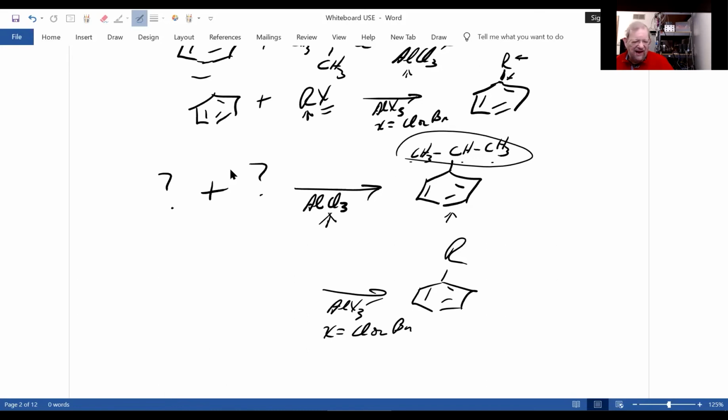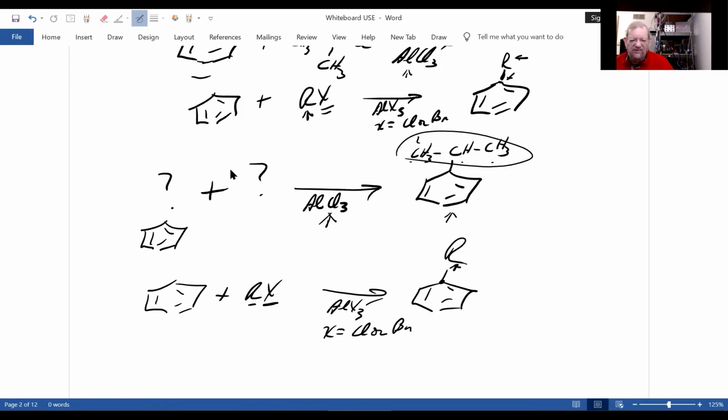Well, what do I react? A benzene ring plus an alkyl halide. Now, the halogen is on the carbon in R that was bonded to the benzene ring. So one of these question marks is this.